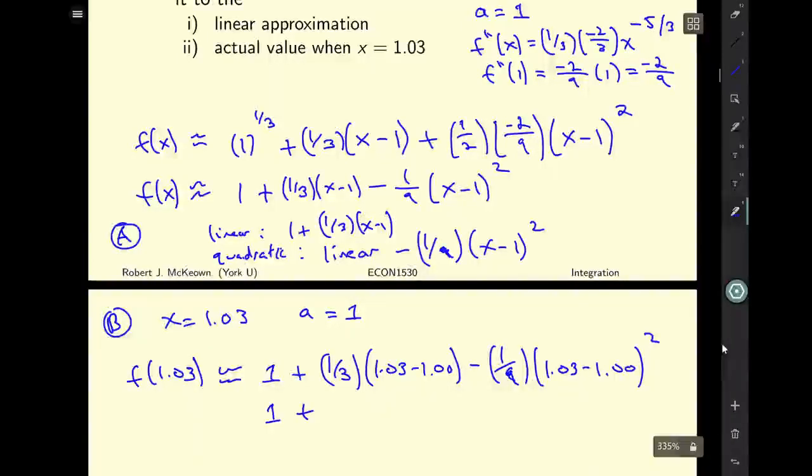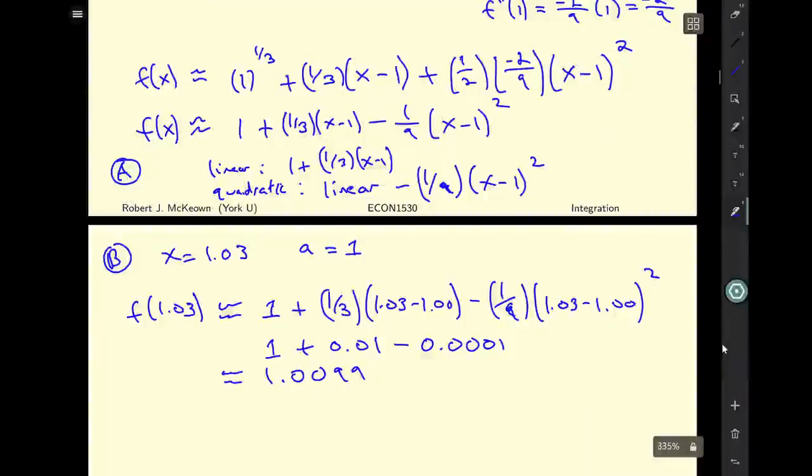That is 1 plus 0.01 minus a really small number, 0.0001. So that is what I get for my estimation.